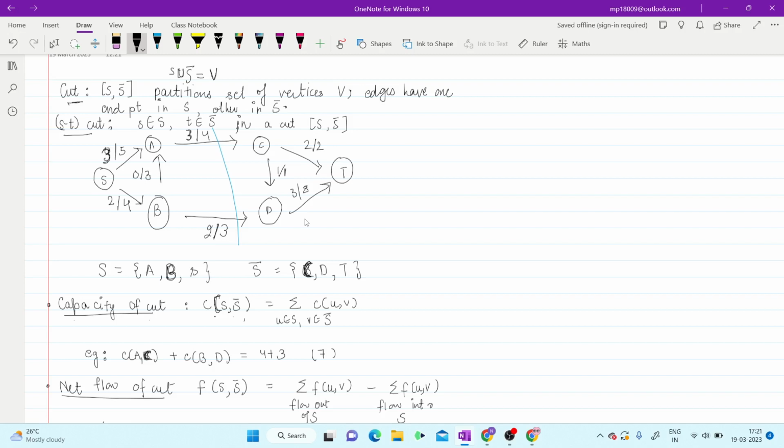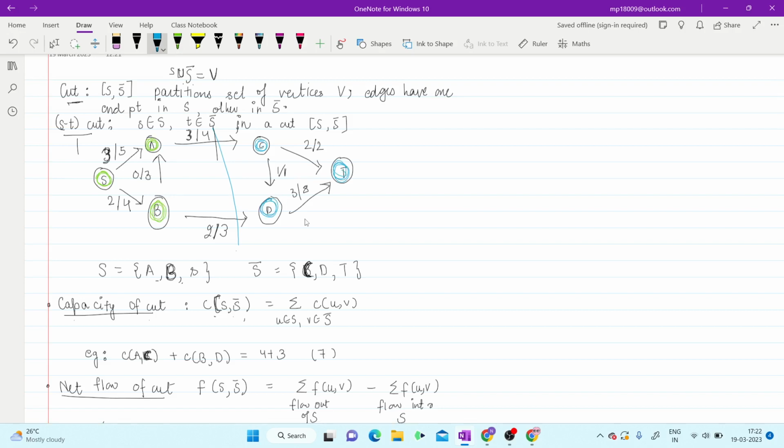So in this network G, if I take my cut as S, A, B, I have drawn this line, so this is the cut. These three vertices S, A, B belong to S, and C, D, T are in S bar.